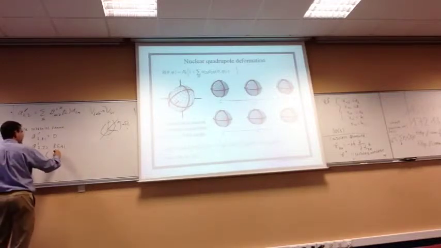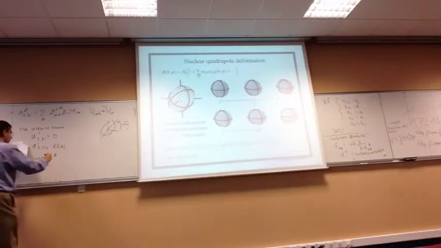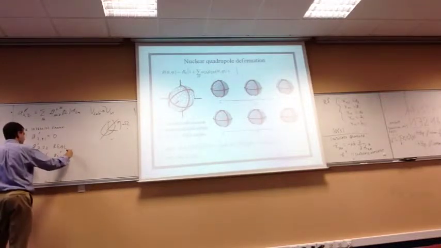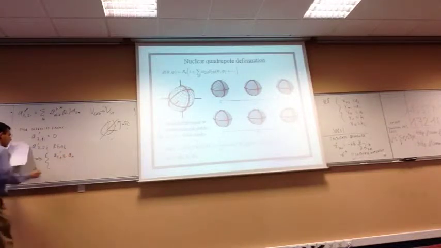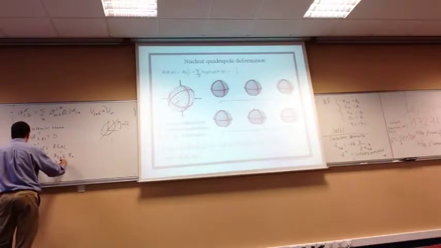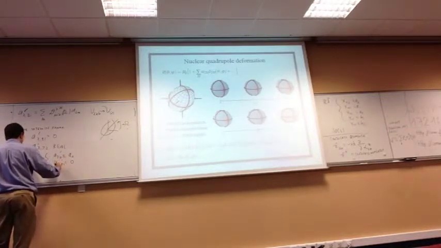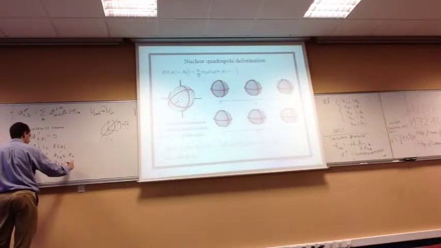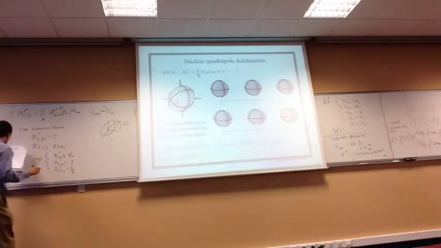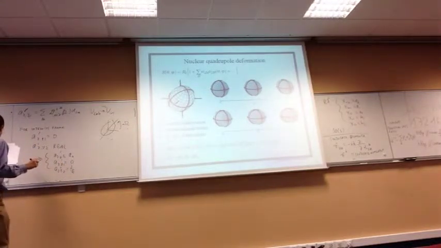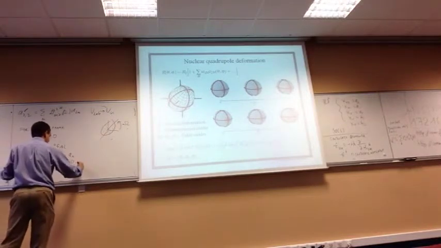we have, let's go back to our way of writing this in terms of components. We always just have a real part for A2,0. Now A2 plus or minus 1 intrinsic will be 0. And then A2 plus or minus 2 intrinsic, since that's real, will be 1 over root 2 A2.